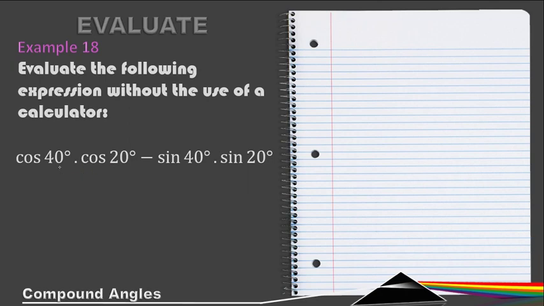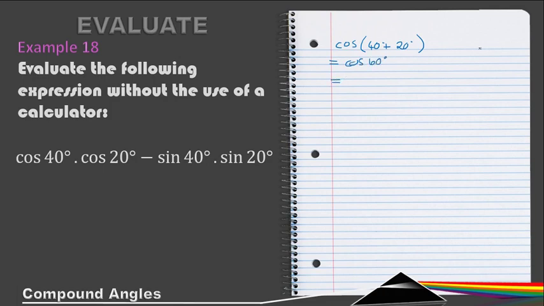But what we do see is we can identify that this is cos's compound angle identity. So before we get started, I can say, okay, this is cos. My first angle is 40, and cos changes the sign, so it must be plus and then 20 degrees. And this then simplifies to cos 60, which is a special angle.